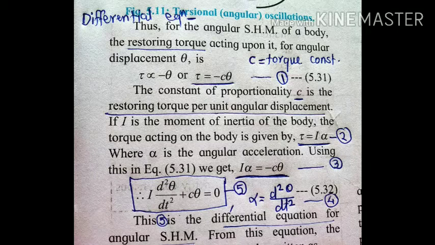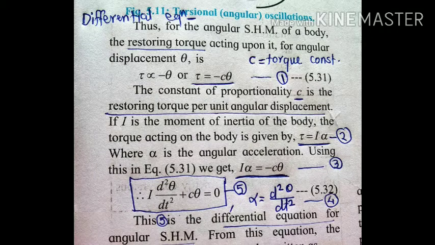And thus the formulae are also similar in linear motion and in angular motion. For example, in linear motion, force is equal to mass into acceleration. In angular motion, this equation becomes: force is analogous to torque.